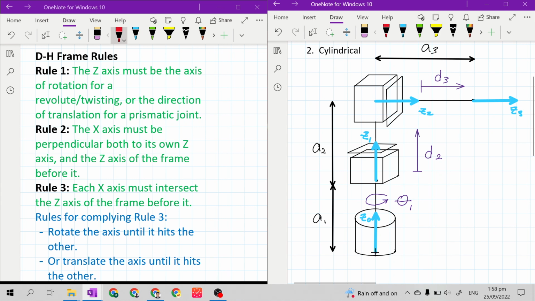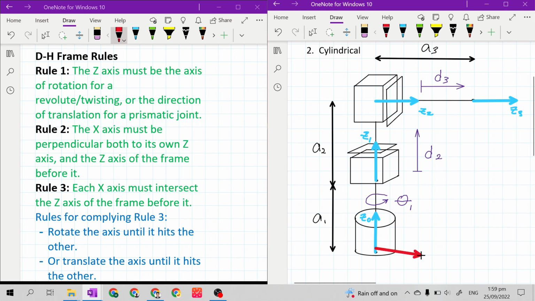At our first frame, we don't have a z-axis before it because our first z-axis is z sub 0. There's no such thing as z negative 1.